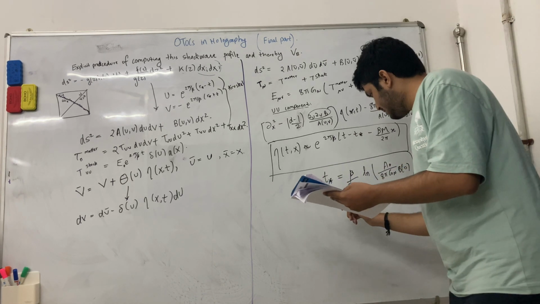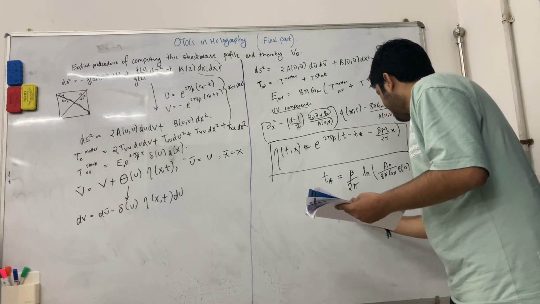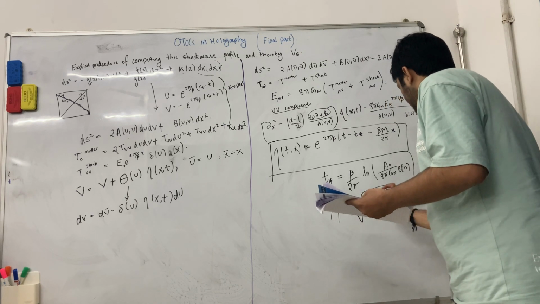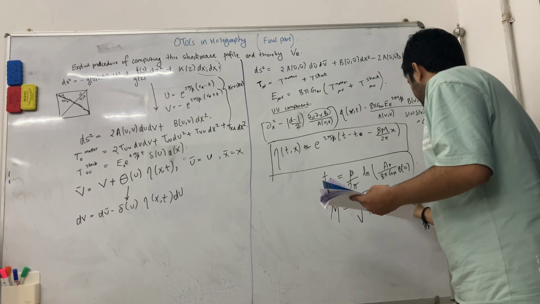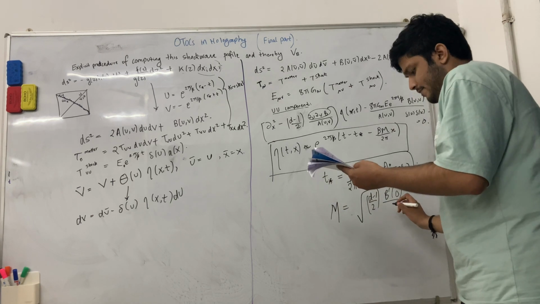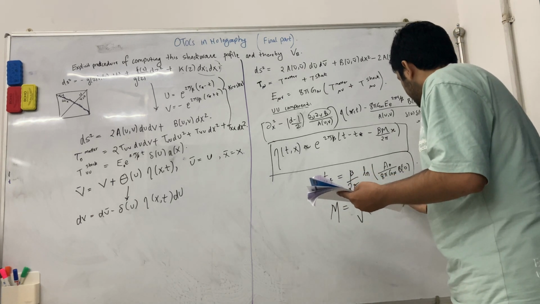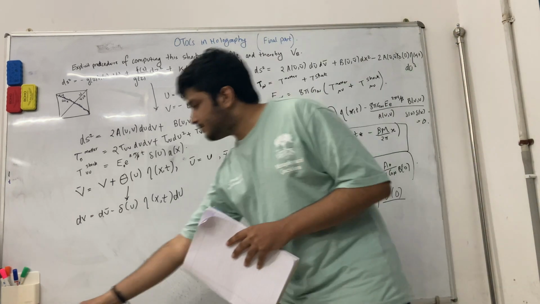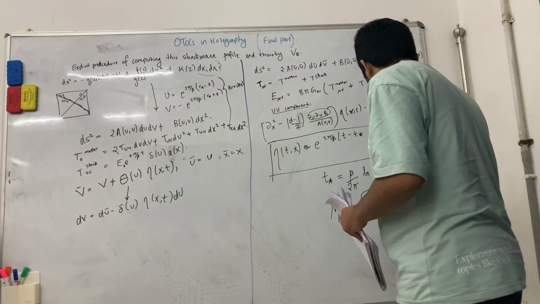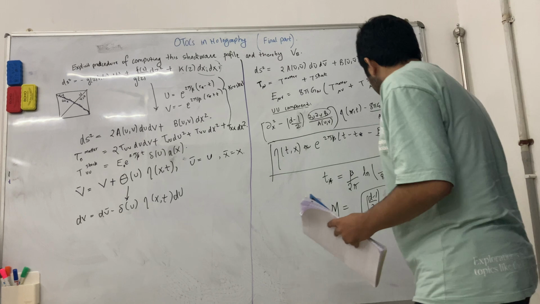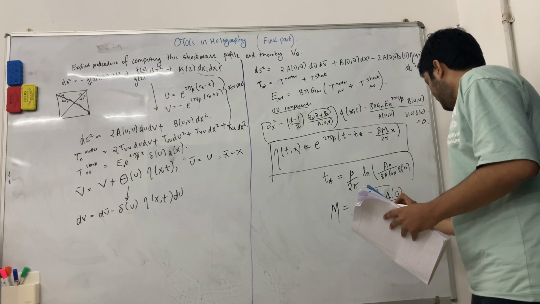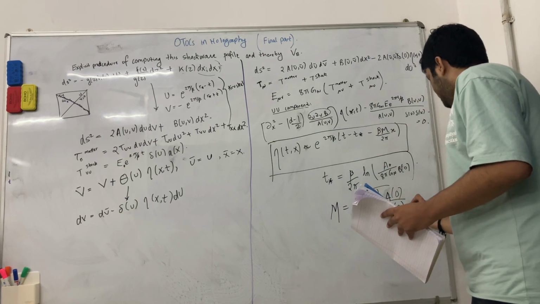Okay, so this is my t star, and my m is square root of b minus 1 by 2 b prime at 0, divided by a of 0 divided by b prime of 0.